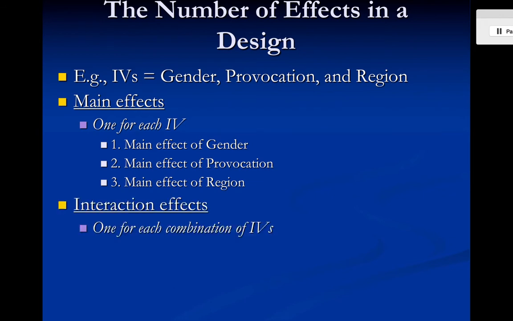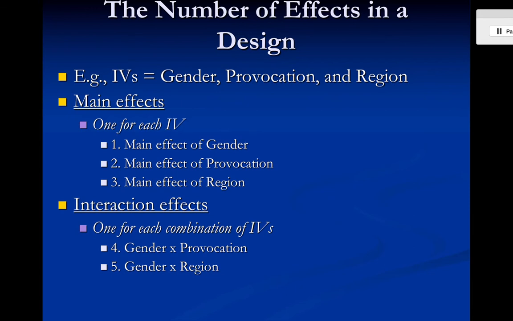Now, let's look at interactions. Remember, these are combinations of my independent variables. Be very careful because now I have 3 independent variables, so I have to think of all possible combinations. Let's begin to combine. The first combination is gender and provocation: the effect of gender and provocation on aggression. Next, gender and region.